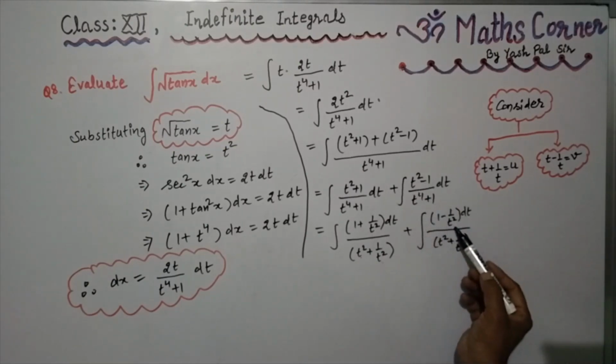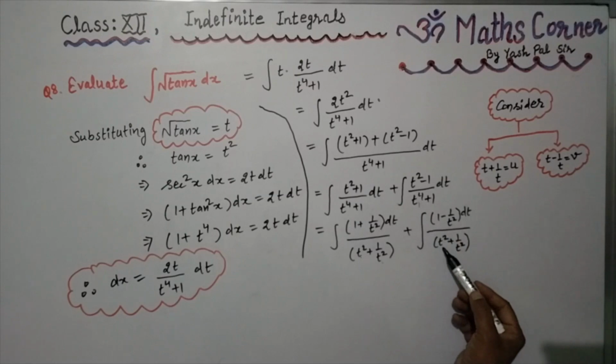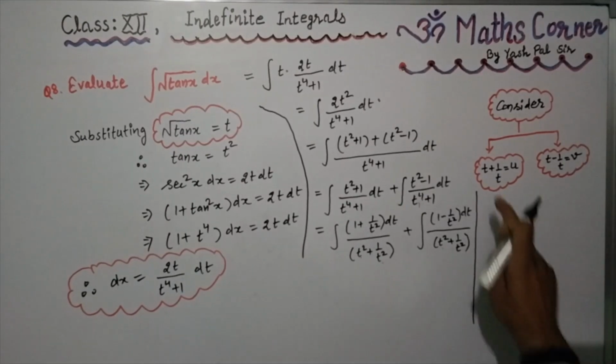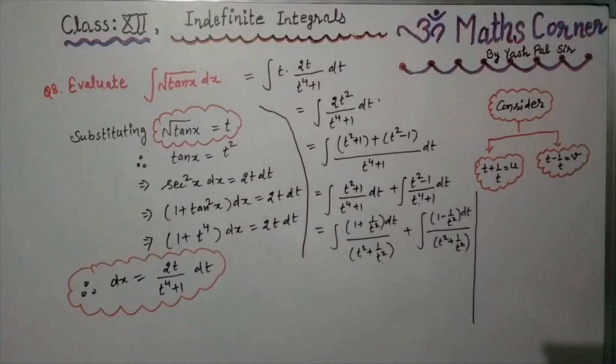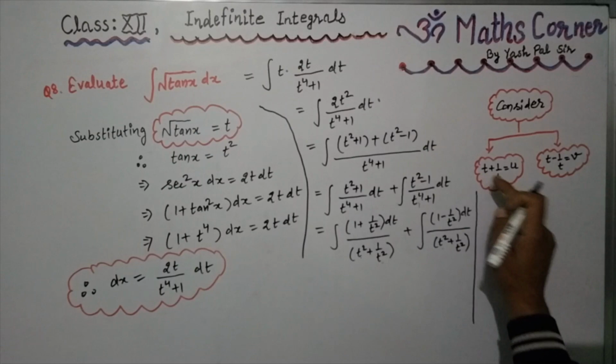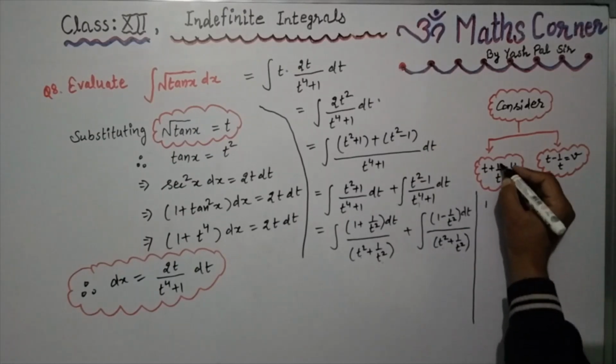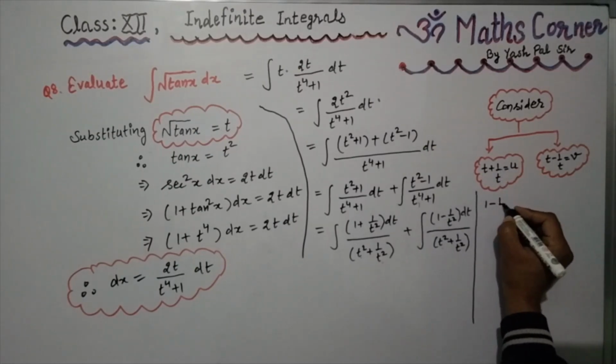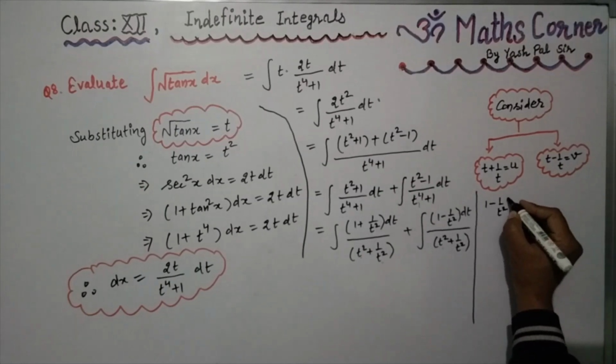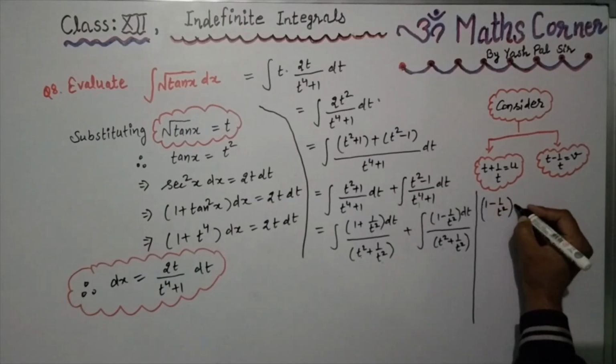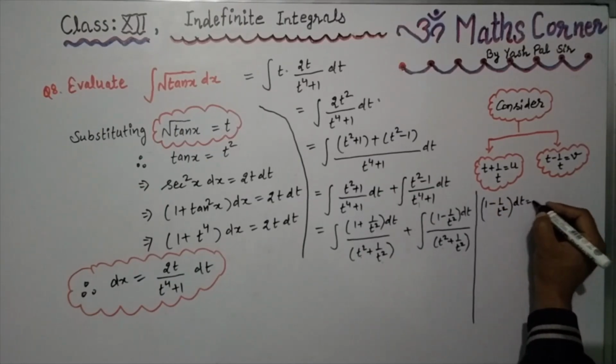So this becomes, dividing numerator and denominator by t square, 1 plus 1 upon t square. Denominator becomes t square plus 1 upon t square. Here this becomes 1 minus 1 upon t square, denominator t square plus 1 upon t square. Now further we have the derivatives of u and v.